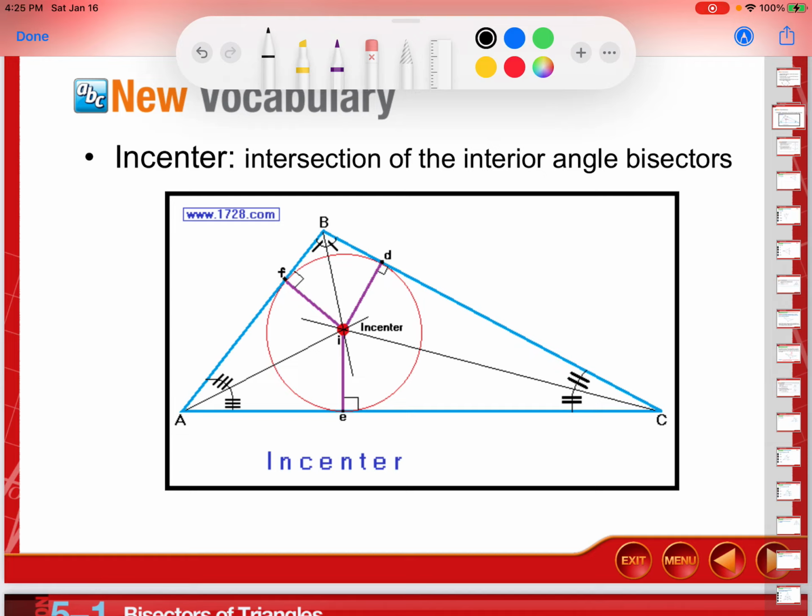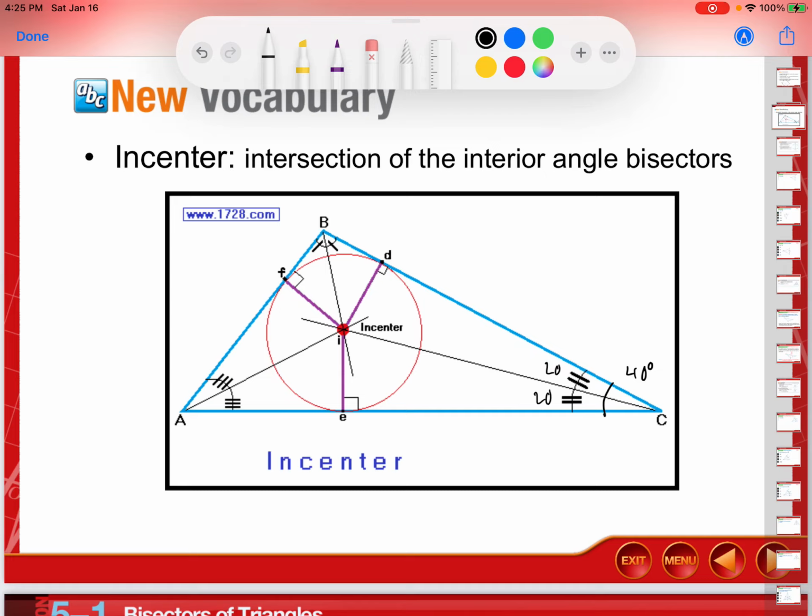So each individual piece is going to be the same angle measure. Like if we're looking at angle C over here, it might be 20 degrees and 20 degrees. So it cuts that original 40-degree angle in half. So the incenter is the intersection of the interior angle bisectors.